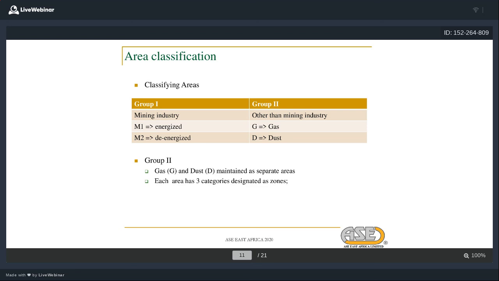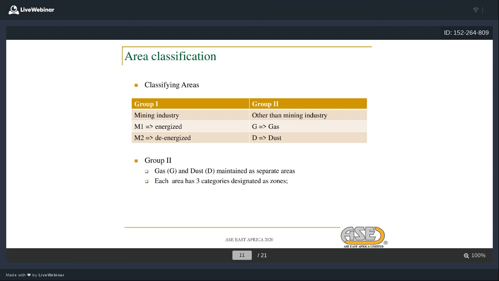Here we have 2 groups, group 1 and group 2. Group 1 is equipment which can be used in the mining industry, susceptible to firedamp. Group 2, if the equipment can be used in other than mining industries, on the surface or in other industries than mining.